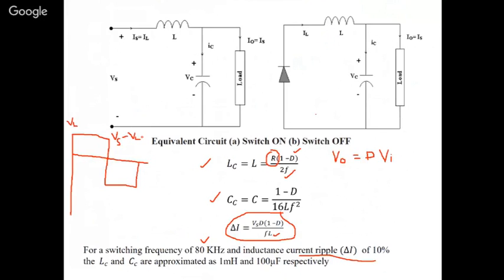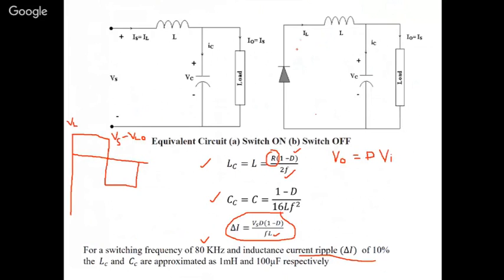Okay, this is not the inductor voltage, this is the load voltage, and this is during the positive half cycle. You just draw the KVL: plus Vs minus VL minus Vc is equal to 0. You can have this load voltage as Vc also, because the load voltage is equal to the capacitor voltage.